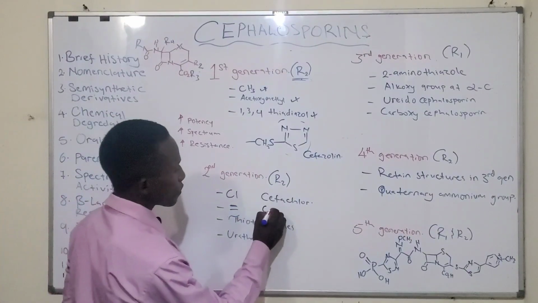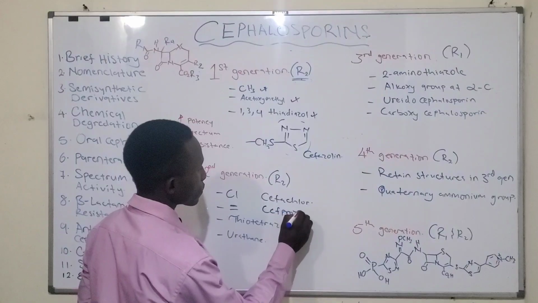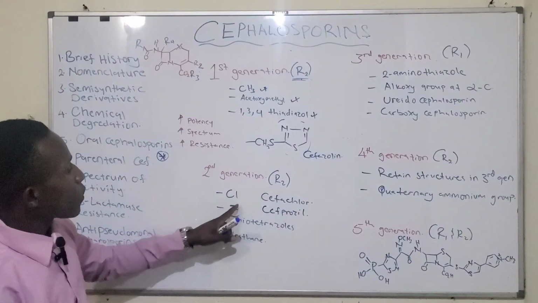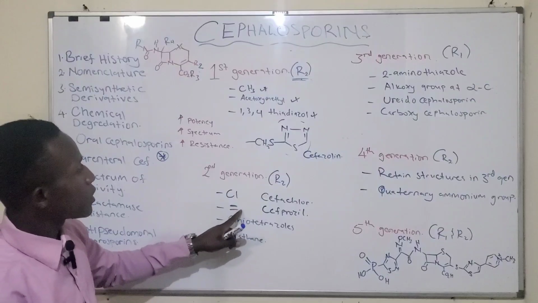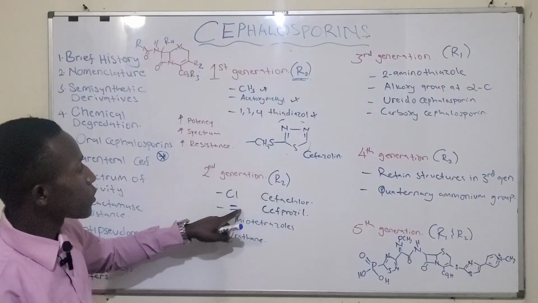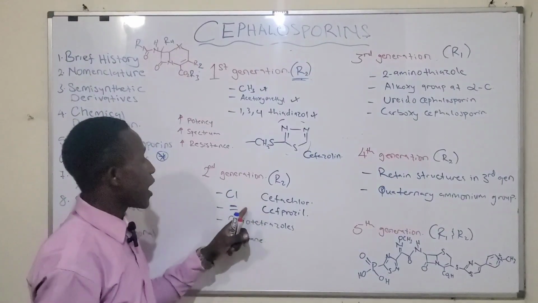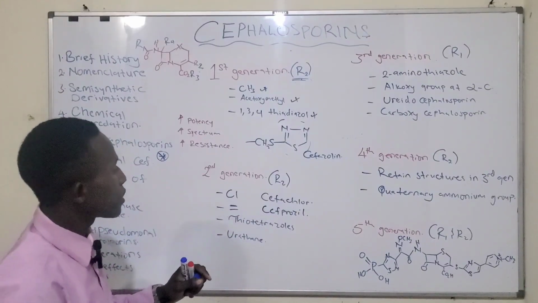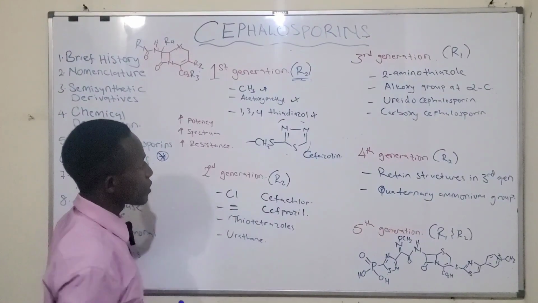For example, cephalosporins, it has a double bond. Meaning that this one we are changing it to a non-leaving group, so it cannot easily be hydrolyzed by esterases and other enzymes.